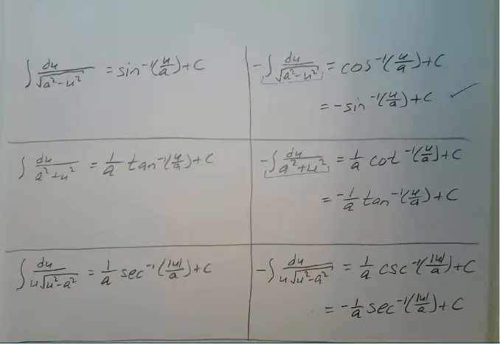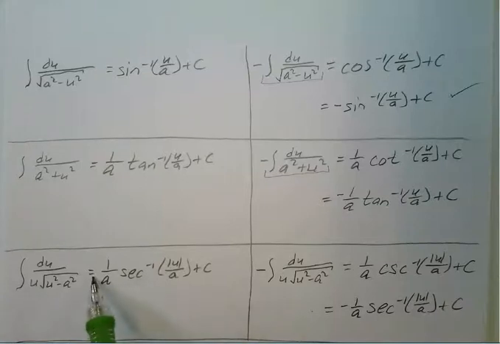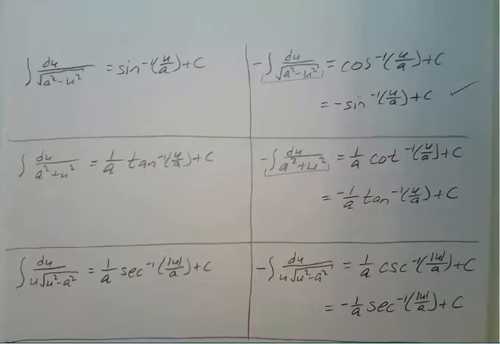Okay. And last but not least, if you have the integral of du over u times the square root of u squared minus a squared, that's going to equal 1 over a times the secant inverse of the absolute value of u over a plus c. And if you have the negative integral of du over u times the square root of u squared minus a squared, that's going to equal 1 over a times cosecant inverse of the absolute value of u over a plus c.